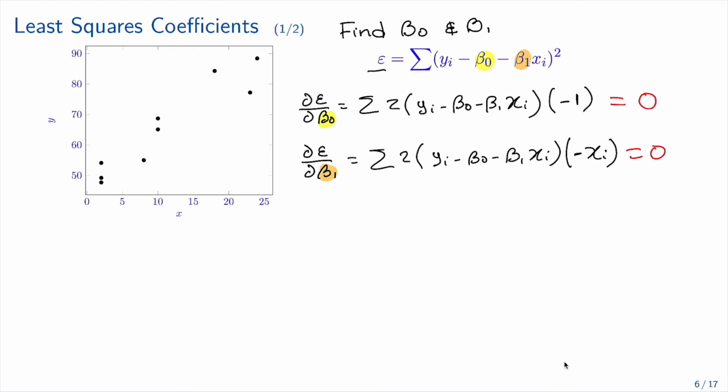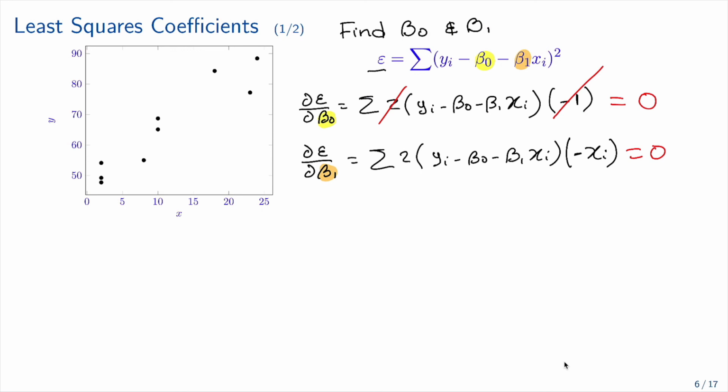Now to find the minimum, we have to set this equal to 0 and solve for beta 0 and beta 1. But let me expand the two terms before proceeding. In the first equation, we have this negative 1. We can cancel it out because if a term multiplied by negative 1 is equal to 0, then the other factor must be 0, since minus 1 is not. It's the same case for the 2, so the 2 can be cancelled.